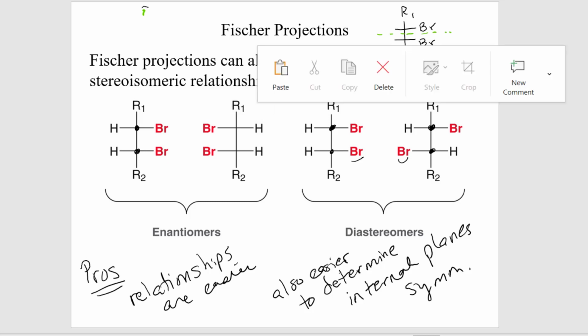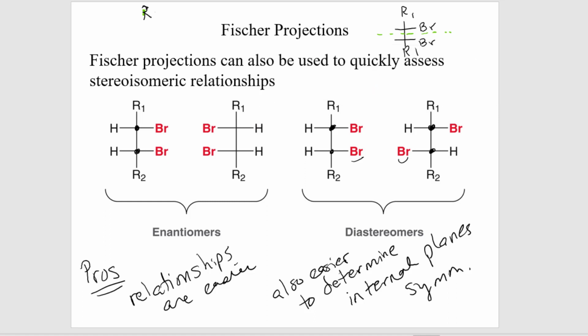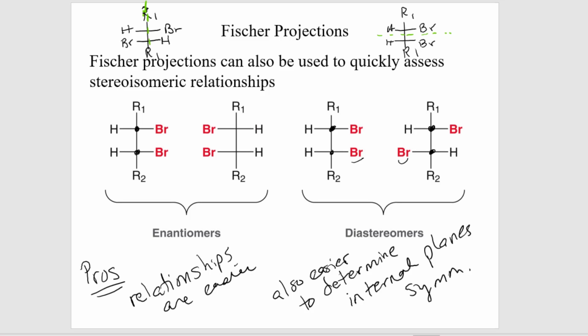Likewise, if I had R1 with an R1, bromine and bromine. Oh, I should put hydrogens on the other side as well. Notice that here, no matter how I slice it and dice it, I could try a plane going down the center. The bromine doesn't see itself on the other side, so that's not good.